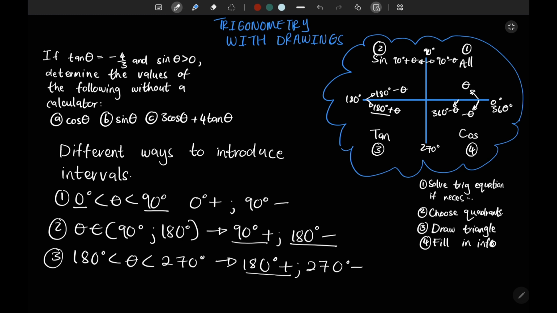There's 180 plus in the third quadrant. You have 270 minus, so this is 270, right? Meaning minus would be here in the third quadrant. And that's what it means.